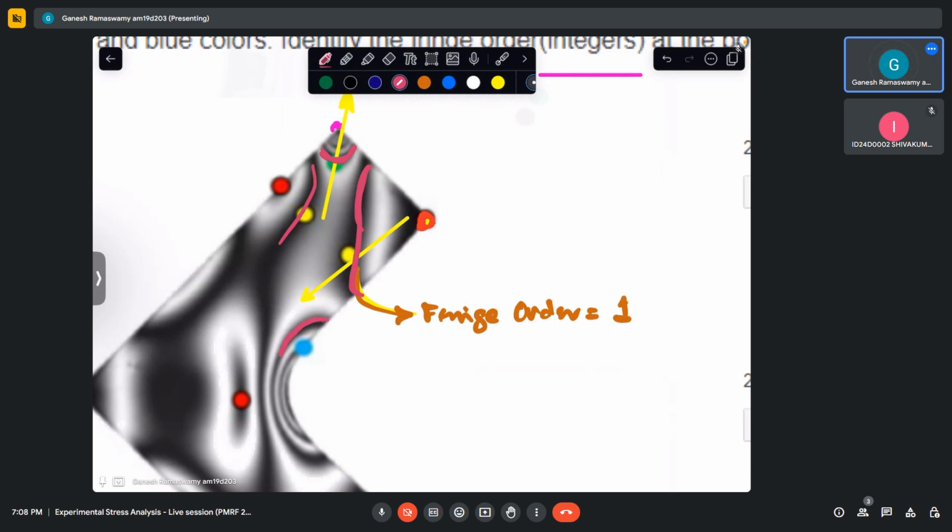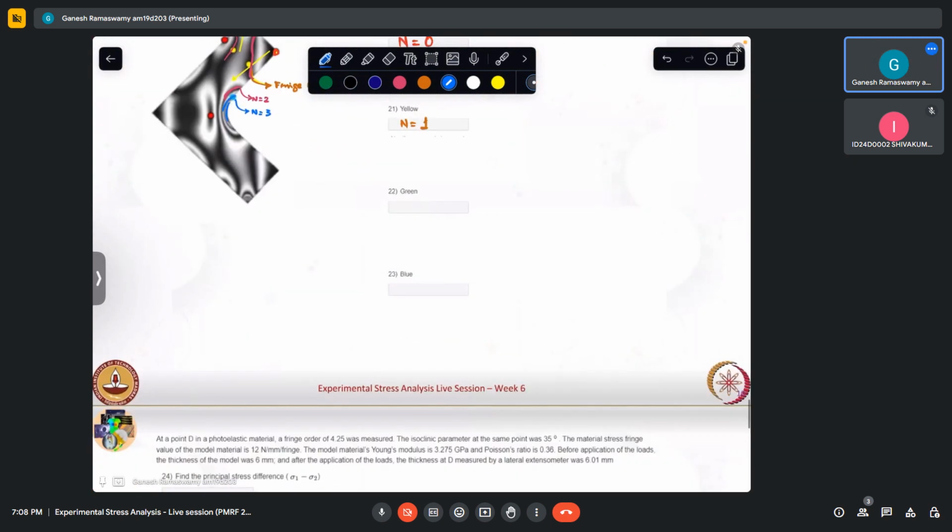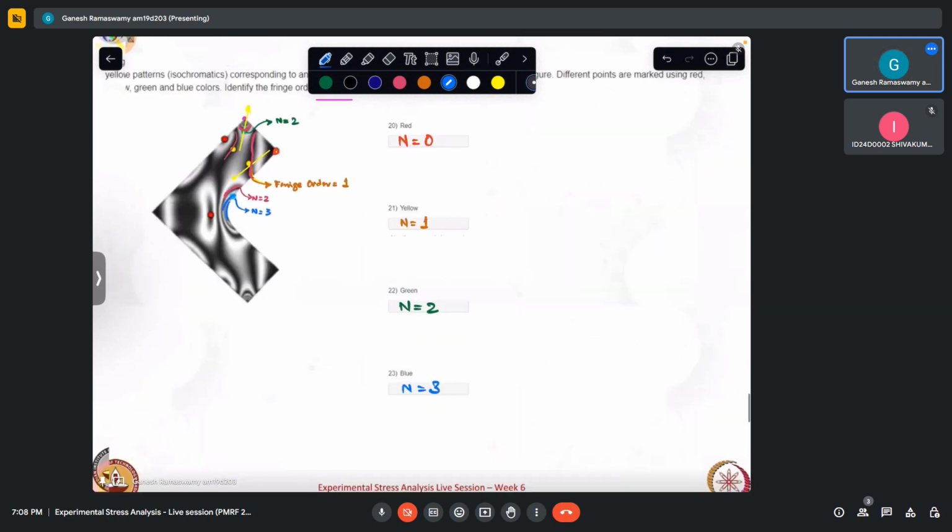If this is 2, then the next one here would have to be 3, 4 and so on. So from here we can easily conclude that green is nothing but fringe order equal to 2, and the blue point is fringe order equal to 3. So green is n equal to 2 and the blue is n equal to 3.